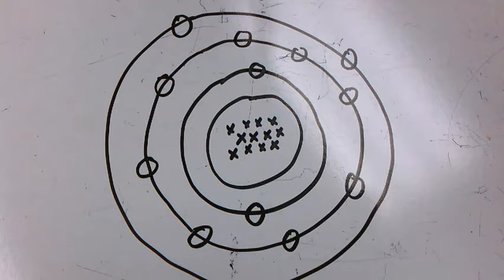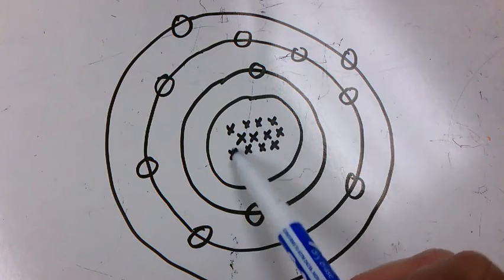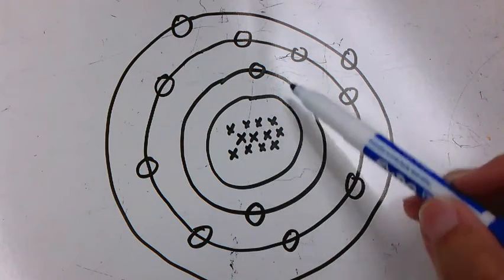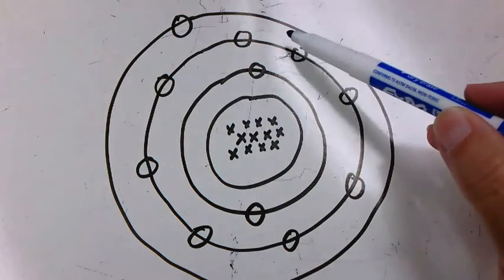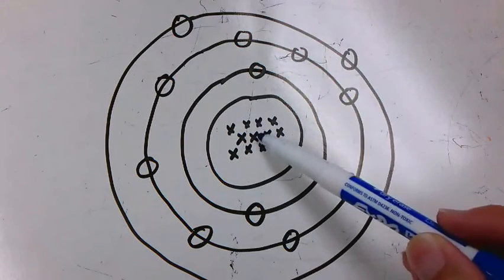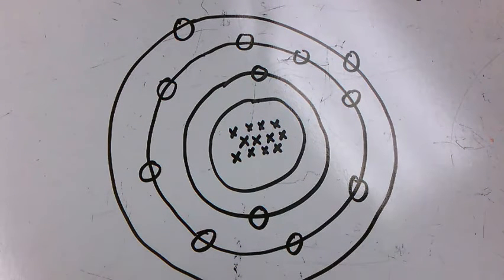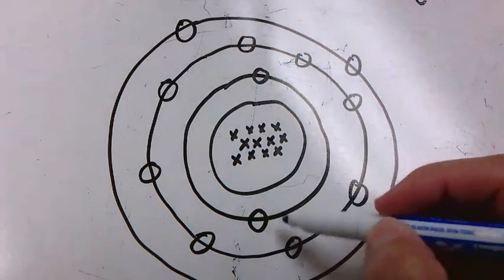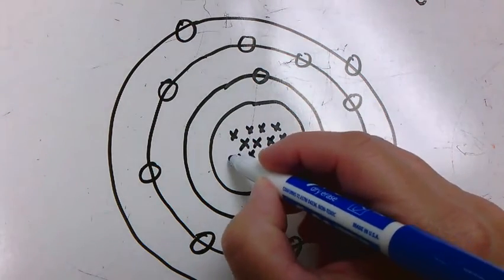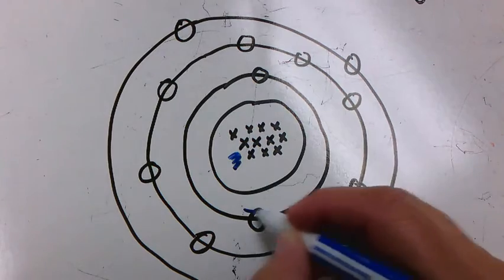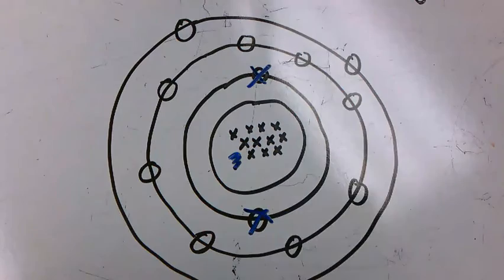Okay, so let's look at magnesium. This is a magnesium atom. There are 12 protons in the center, and 12 electrons on the outside. If we look at the shielding, this electron is going to cancel out this proton, and this electron cancels this proton.